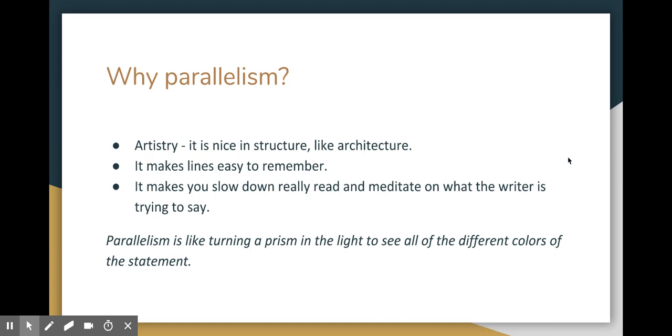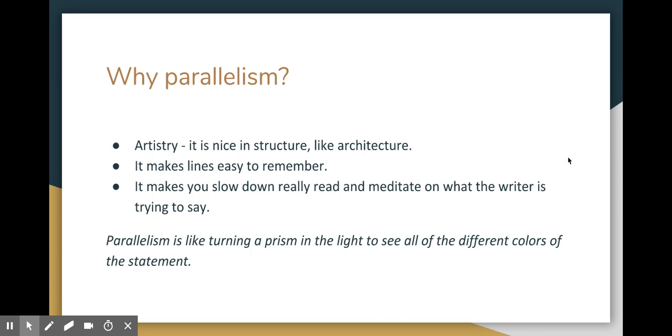There's something to expect. It makes lines easy to remember. This is very common in ancient poetry. They would have remembered these lines, and in writing in this way, it made it very easy for the readers, the young readers especially, to remember these lines.